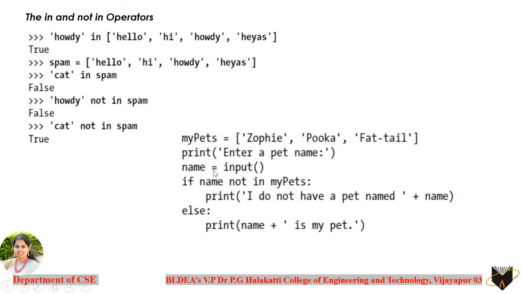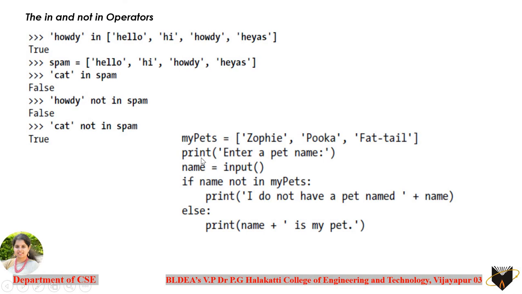Here is another example program where you can use the in and the not in operators. I'm going to show you how it helps when you use it in a program. In the first line you can see here my pets is a list variable where the list has been created with these three elements: Sophie, Puka, Fat and the fat tail.